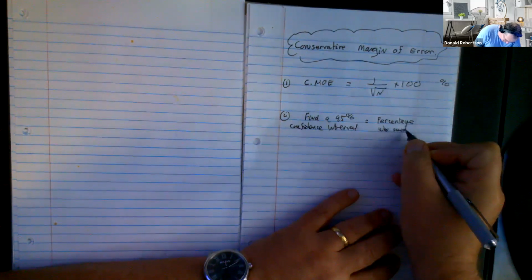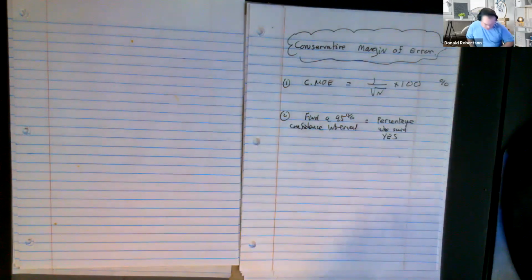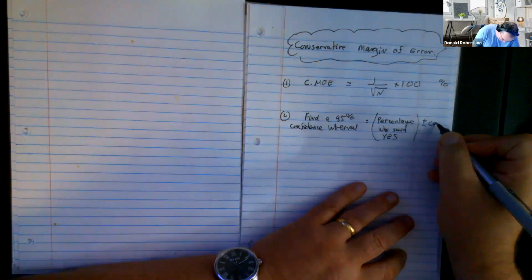So you ask them a question like, have you been to France? Are you going to vote for candidate A? So it's the percentage of people who said yes, plus or minus the conservative margin of error. And the third thing is how big the sample needs to be. So hopefully these things are familiar.